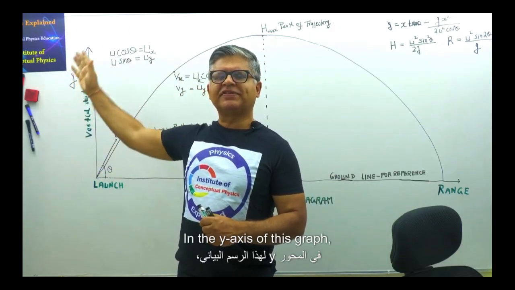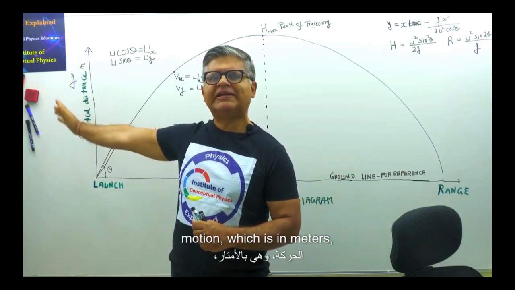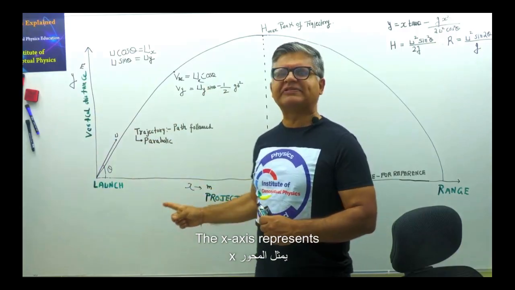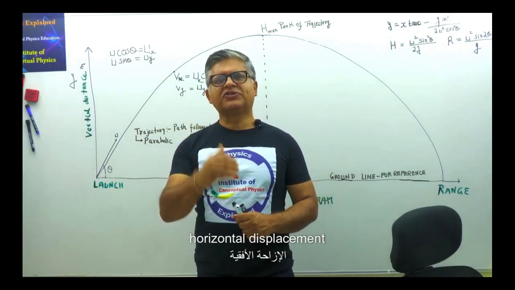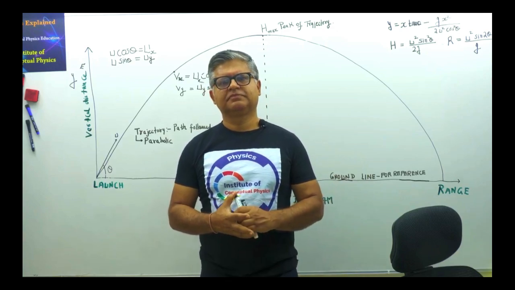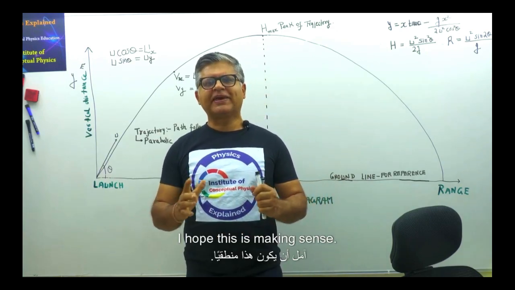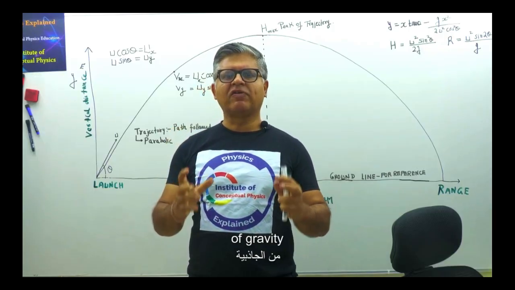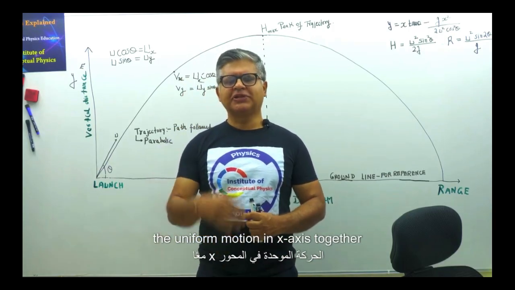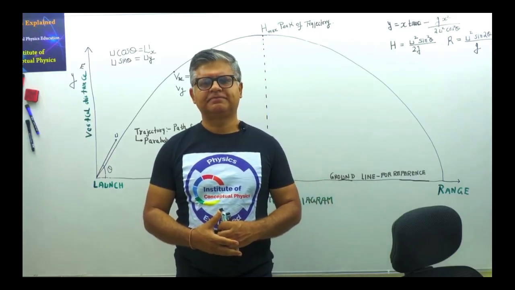In the y-axis of this graph, there is vertical axis motion, which is in meters, the vertical displacement. The x-axis represents the horizontal displacement of the projectile. I hope this is making sense. The combined impact of gravity in the y-axis and the uniform motion in the x-axis together results in a projectile.